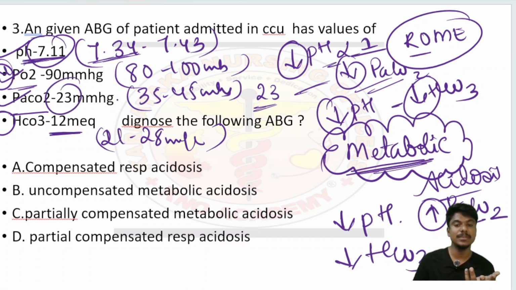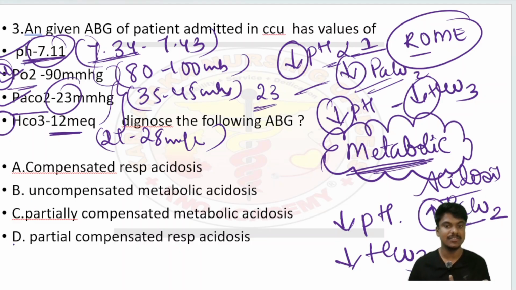Here, PaCO2 is also abnormal, which means all four values are abnormal. Your lungs are also trying to compensate, but it is not fully compensated. That's why I'm taking the option as partially compensated.